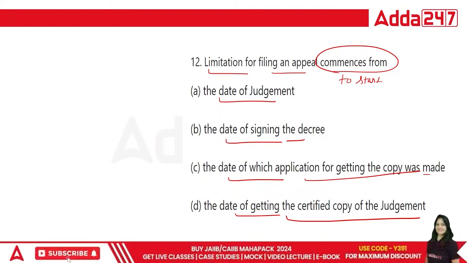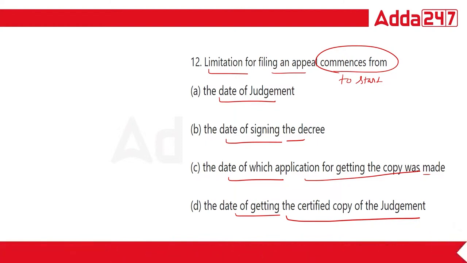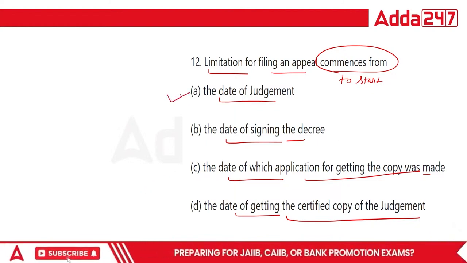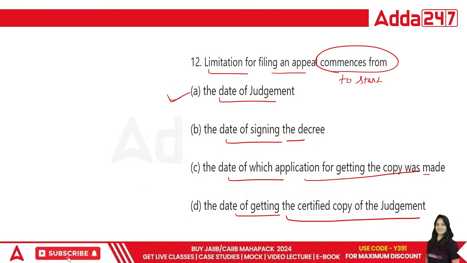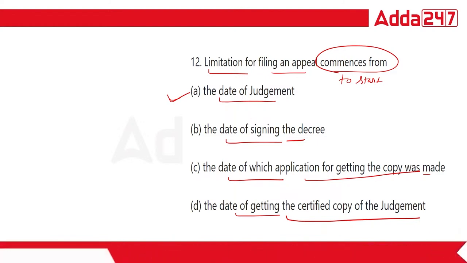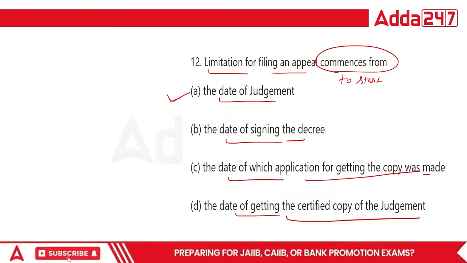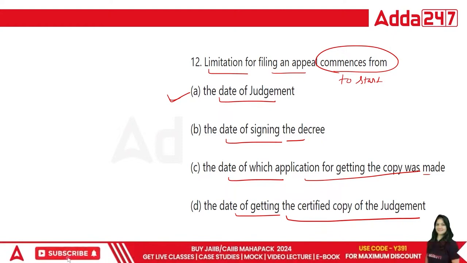The right answer is that the limitation for filing the appeal commences from the date of judgment. Okay, class, this is the right answer, the date of judgment.